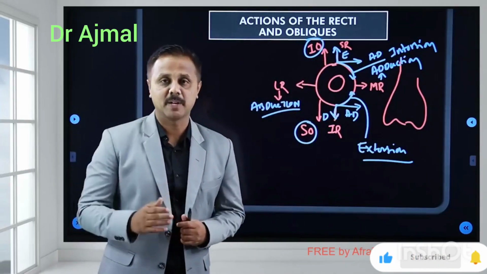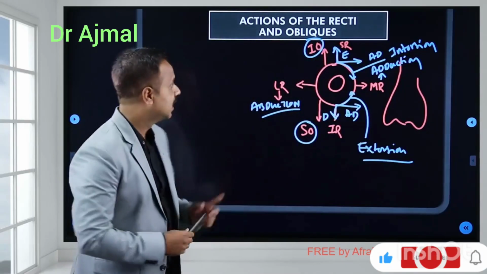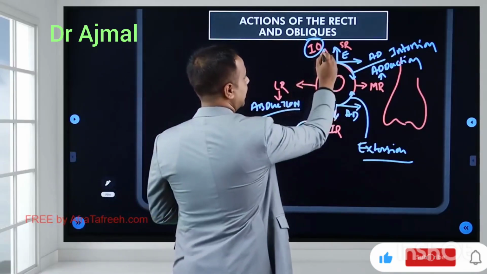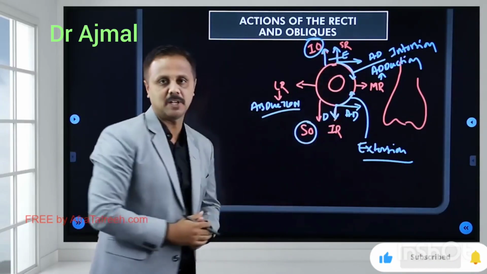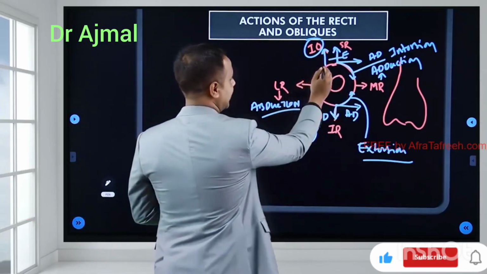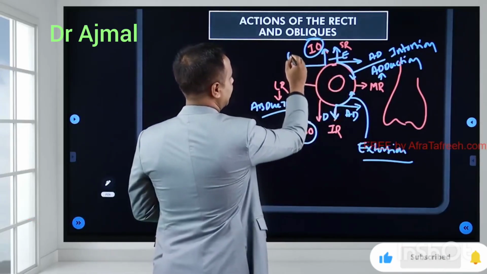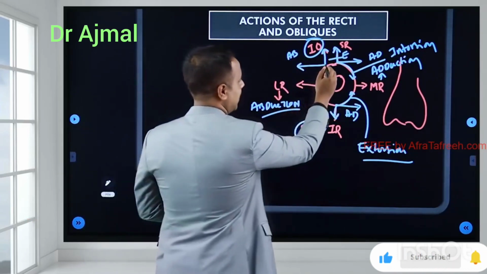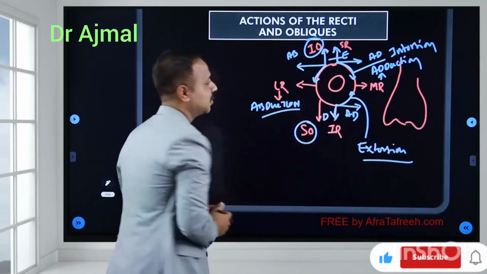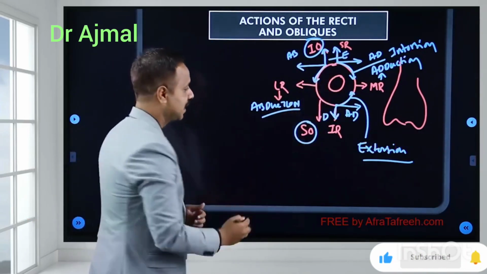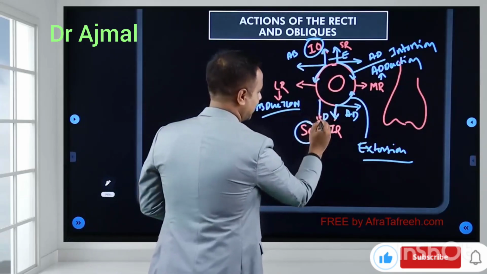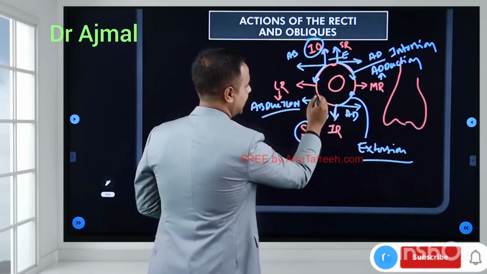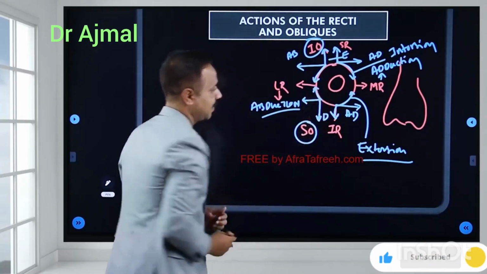Let's try to learn more about the actions of these obliques. The inferior oblique, as we have already learned, will bring about what? It will bring about elevation of the eyeball. Then, along with elevation, it can bring about abduction. Right? Then, it can bring about extorsion, the outward rotation of the eyeball. Similarly, the superior oblique brings about depression. Then, it can bring about abduction and it can bring about intorsion.